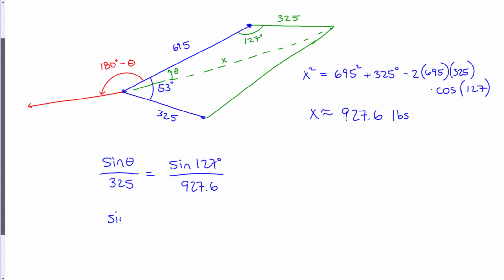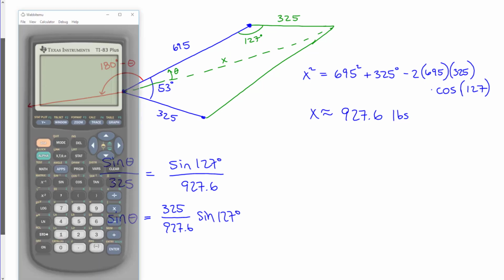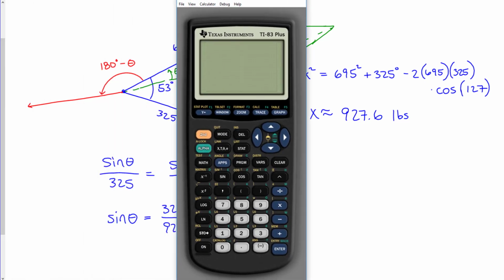So sine of theta is 325 over 927.6 times the sine of 127 degrees. Let me get out the calculator to approximate that.